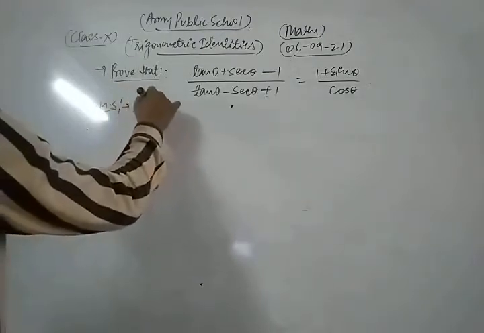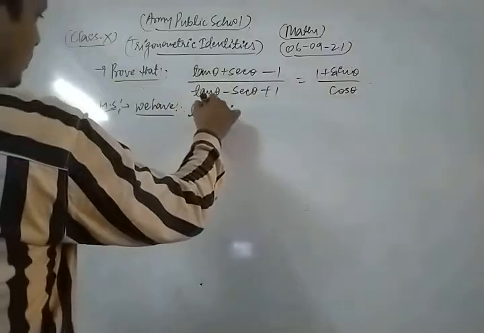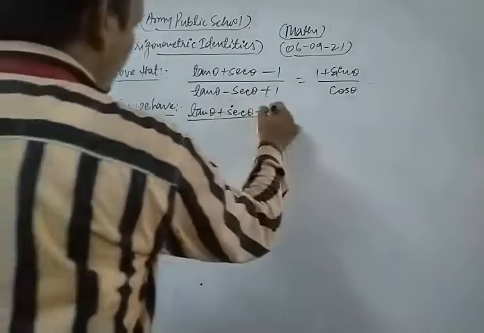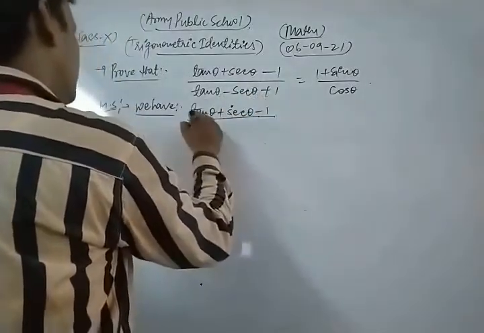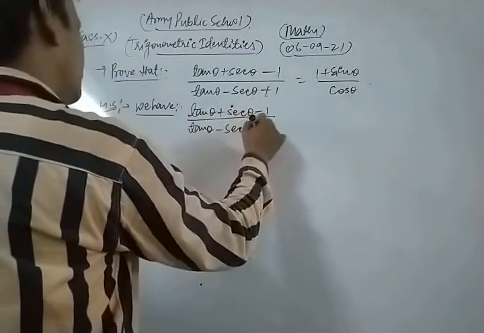So we have minus 1 upon tan theta minus sec theta plus 1.